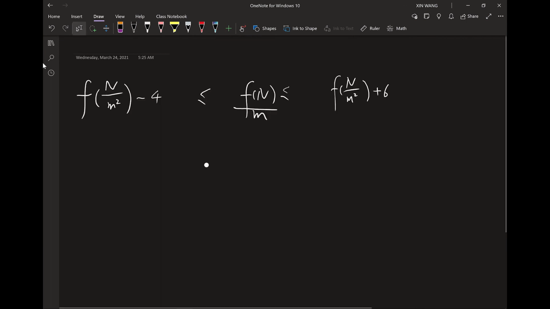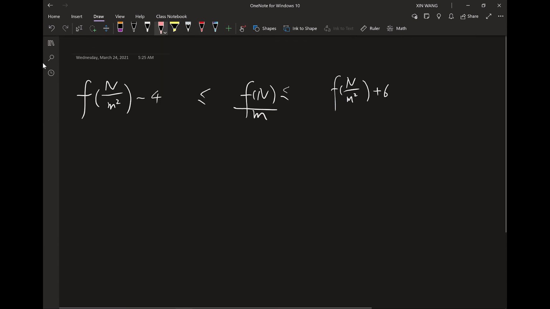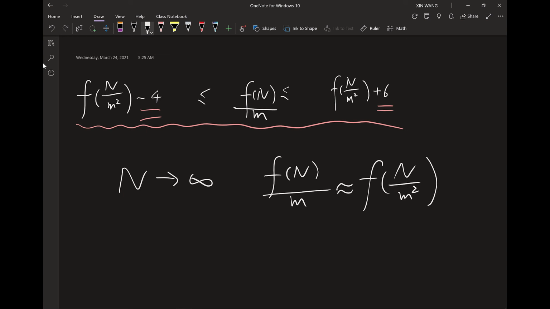Previously we have shown that Fn is bounded by an upper bound and a lower bound. As we can see, when n goes to infinity, Fn goes to infinity, so this constant term will not affect our result too much. That tells us when n goes to infinity, we have Fn divided by m squared.